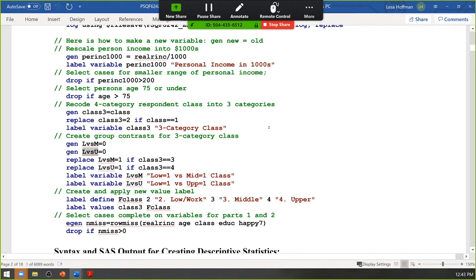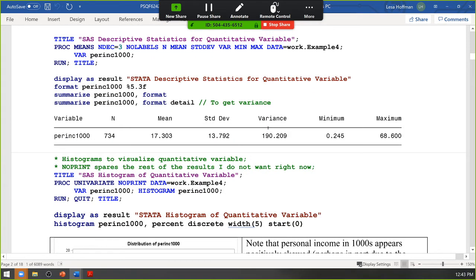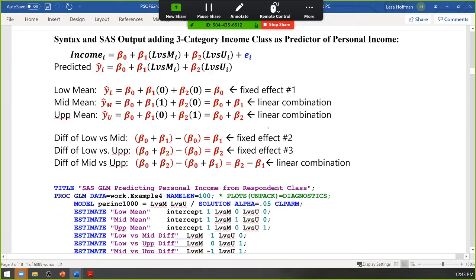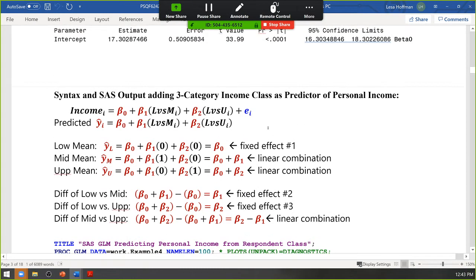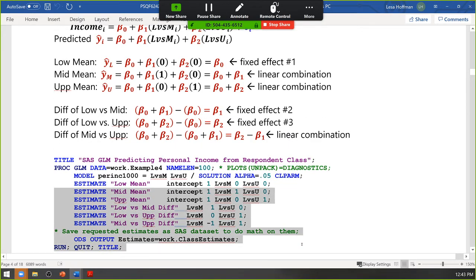All right. So let's look at, I'm going to scroll for a little bit here. We looked at the empty model last time, and then we started looking at the model that has this 3 category class predictor in it. So what page am I on here? Page 3. Do you want to go back over the logic of the codes in terms of what these estimate statements do and what the model stuff does?